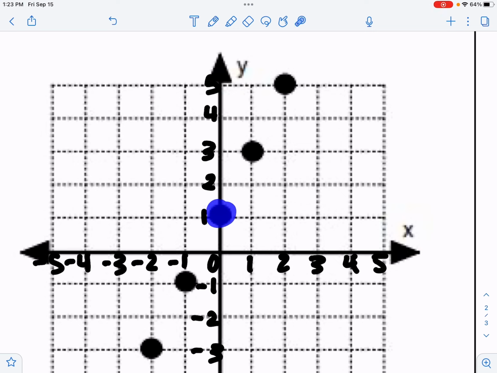So this point right here is 0 on the x, but 1 on the y. And so 0, 1. This point is 1 on the x, 3 on the y.